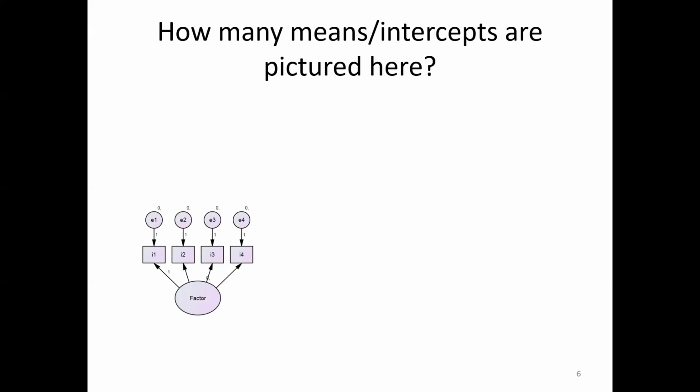Or I could use that marker intercept strategy in one group and constrain the marker intercept to be 0 in one group and allow it to freely vary in the other group. Any of those things will work, by the way. The important thing is that I've got to make sure that I can't go over the 8. I have to make sure that whatever I'm doing is identified.